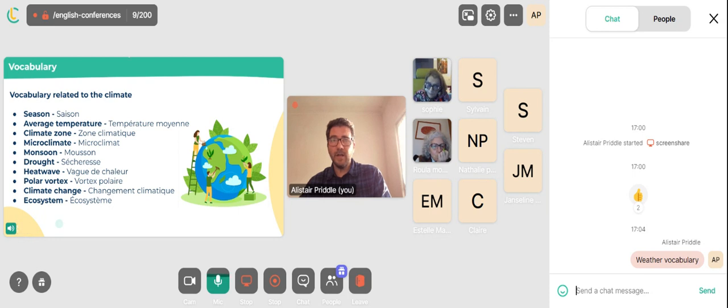Well, let's have a look now at vocabulary related to climate. So, climate vocabulary.